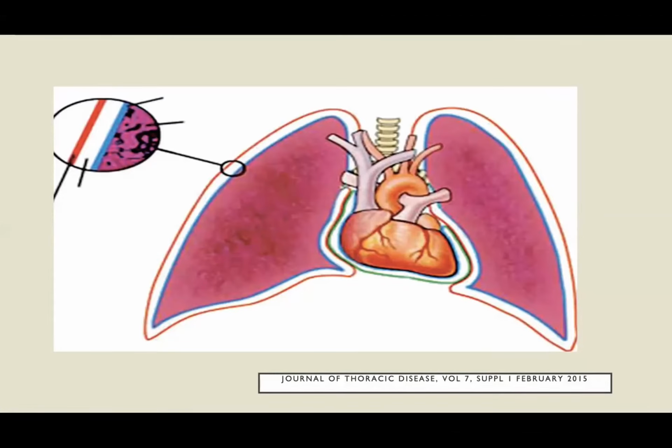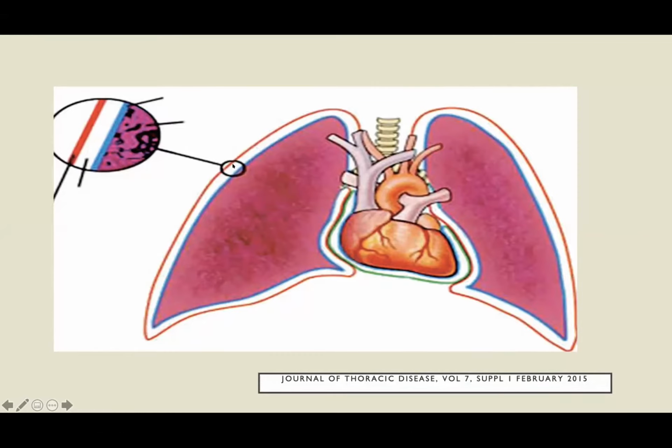So to talk a little bit, this very simple diagram shows the anatomy of the pleural cavity. The pleural cavity is a potential space, you can see the cursor here. You have the parietal pleura, which envelops the chest wall from the inside, and the visceral pleura, which lies on the lung itself and the mediastinum.